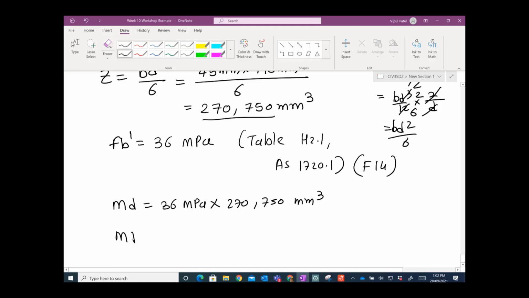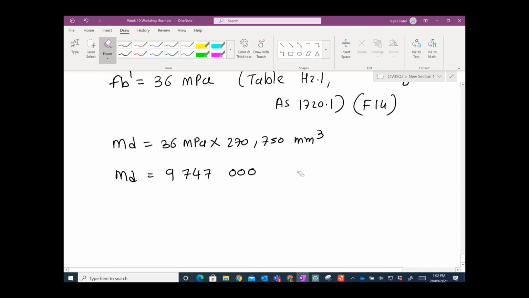You get 974,700 Newton millimeters, 9.7 kilonewton meters, right? So that's the bending stress that you just get out there without any factors.